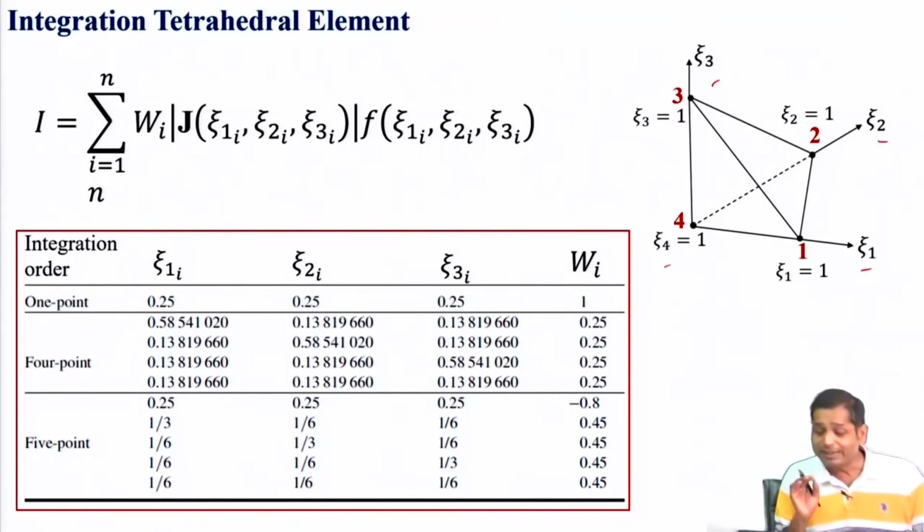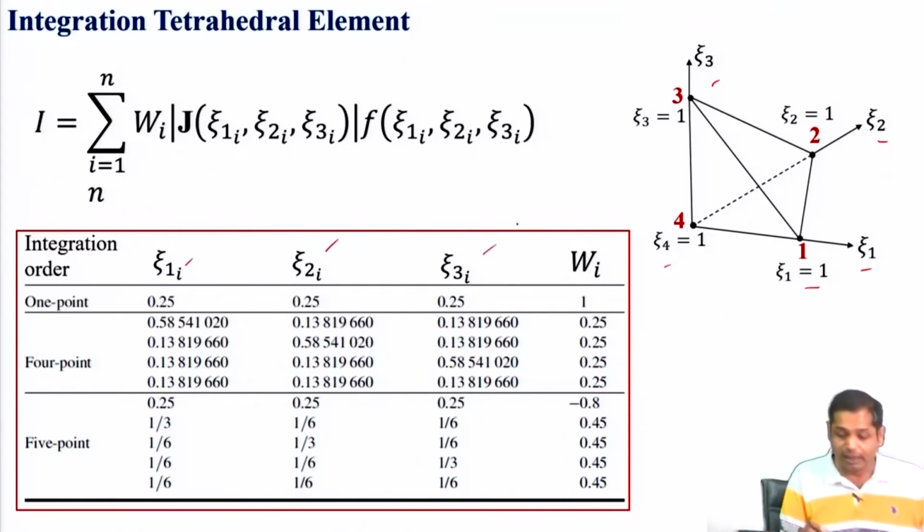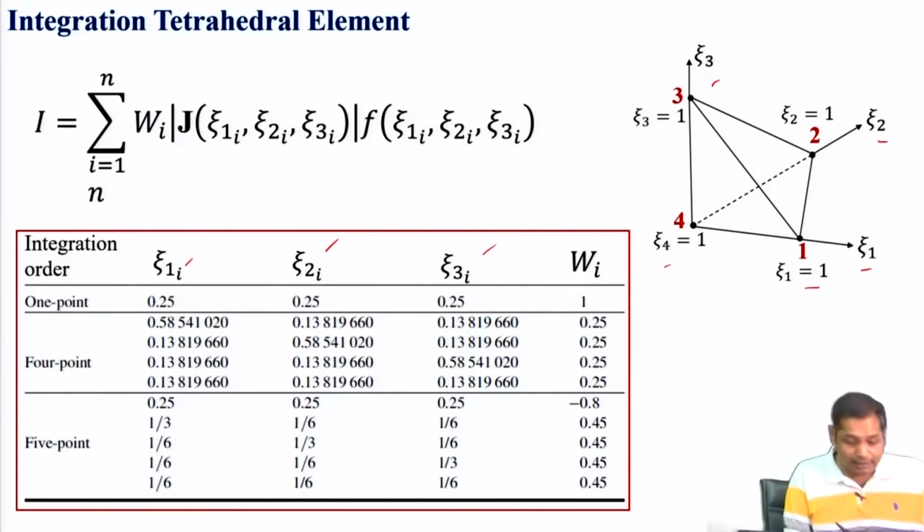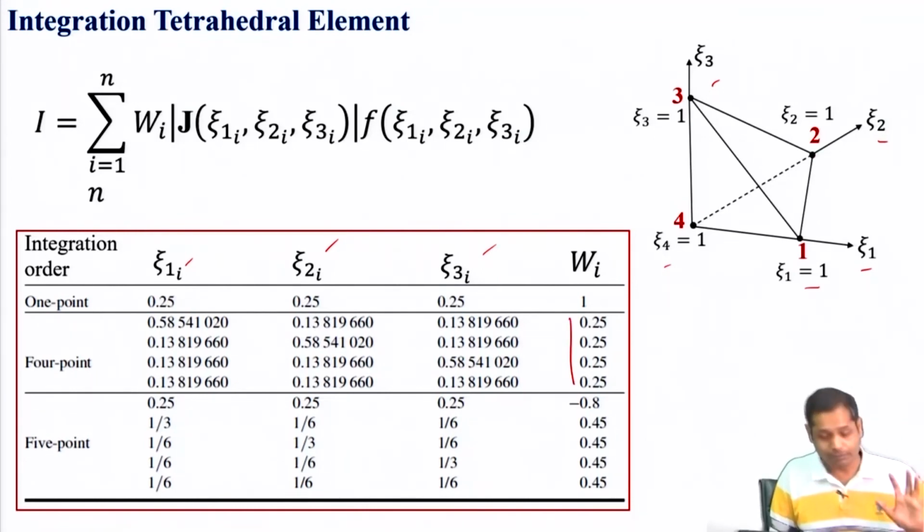Their summation will always be 1, and xi1 will be 1 at node number 1 and 0 at all other nodes. Xi2 will be 1 at node number 2 and 0 at all other nodes. So xi1, xi2, xi3 are the positions of those integration points in the respective coordinate directions, and these are the corresponding weights. So this is how the integration can be performed in a tetrahedral element, right?